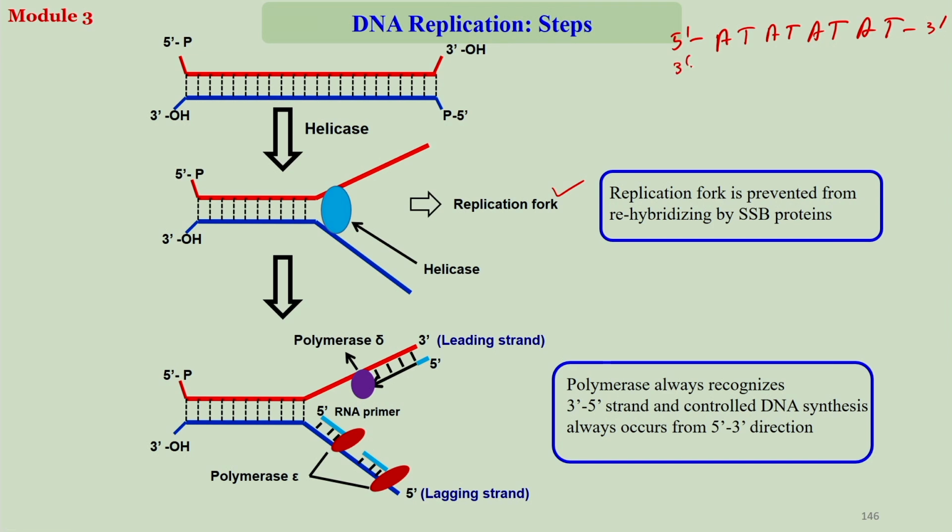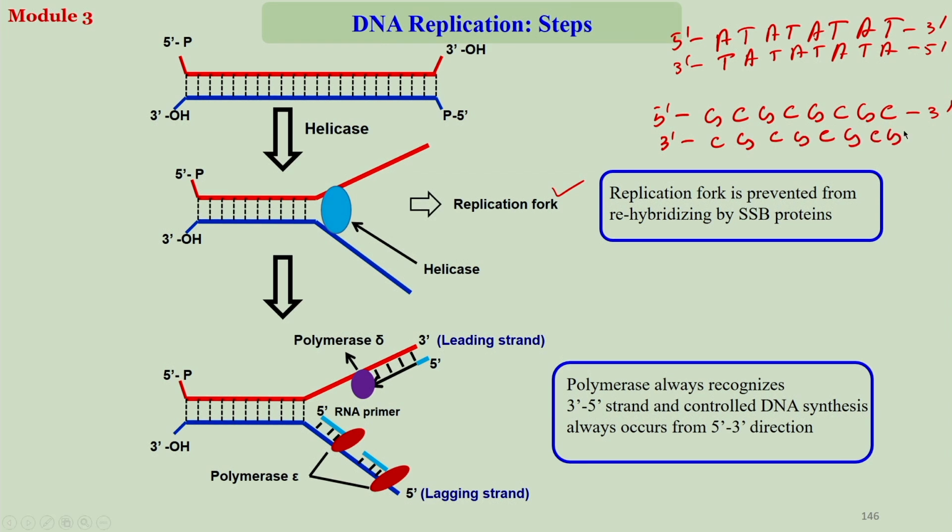So, complementary is T, T, T, T. If this is one of your double stranded DNA, just consider a short version, and you have GC, GC, GC, GC, 3 prime would be CG, CG, CG, CG.